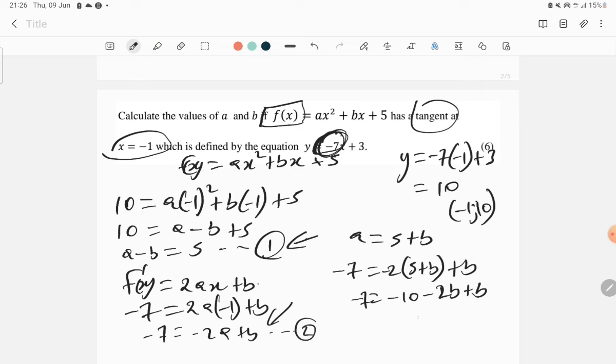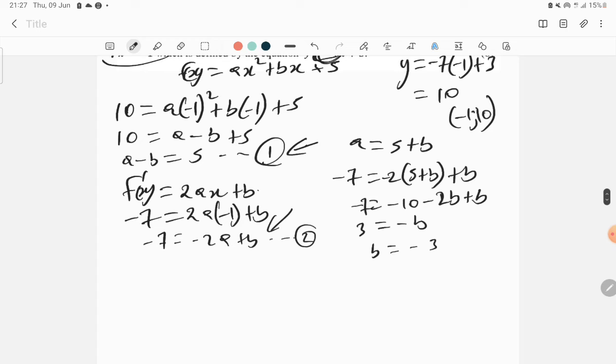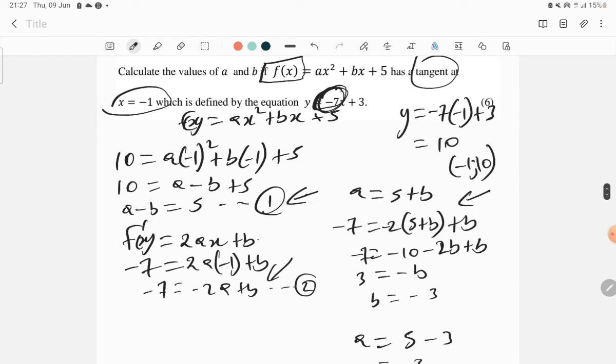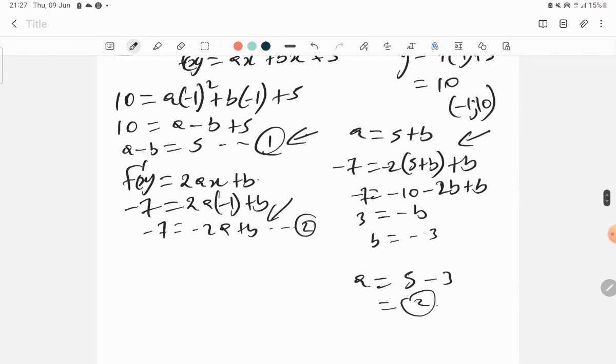Therefore 10 minus 7 is equal to 3, which equals negative b. Therefore b is equal to negative 3. If b is negative 3, then a is equal to 5 minus 3, which is just 2. So we are now done. The value of a is 2 and the value of b is negative 3.